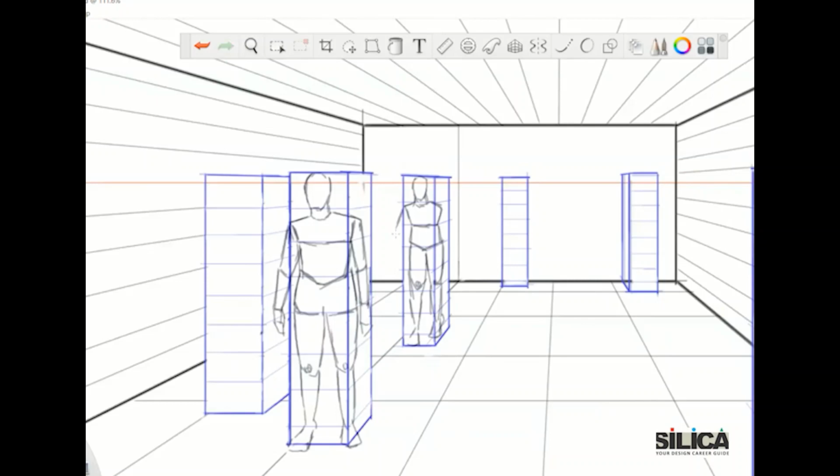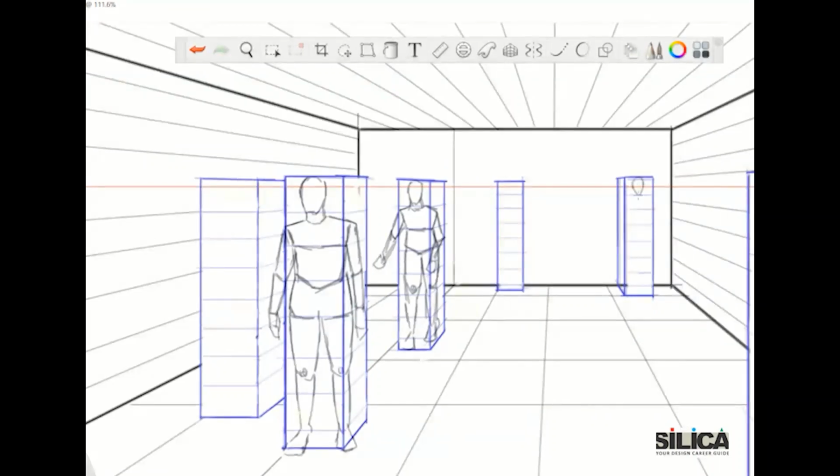As per the height of the boxes, you can see the head size is getting smaller, but the proportion will remain the same, which is 7.5, as we have divided all the cuboids into 7.5 parts. Similarly, I am drawing in all the boxes.